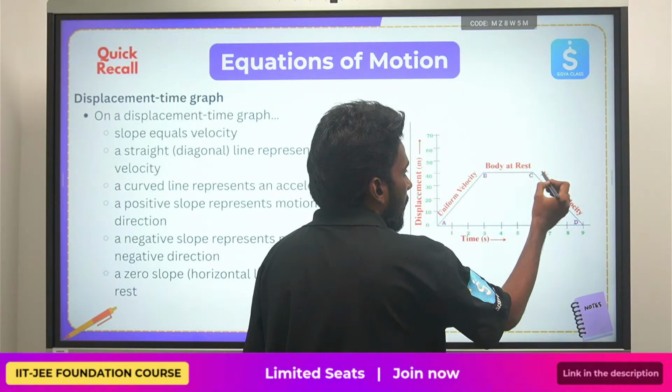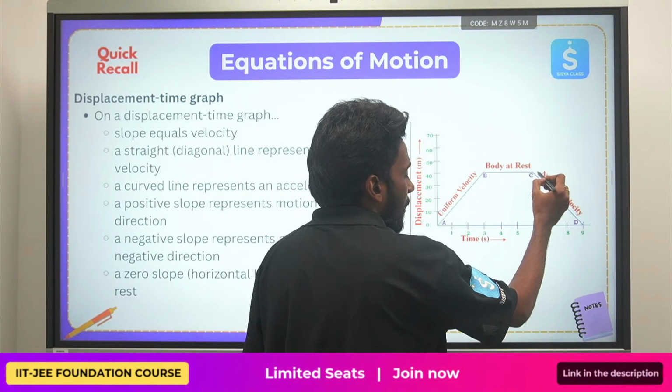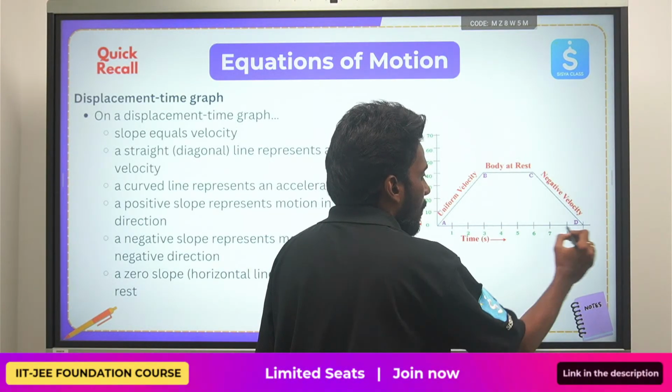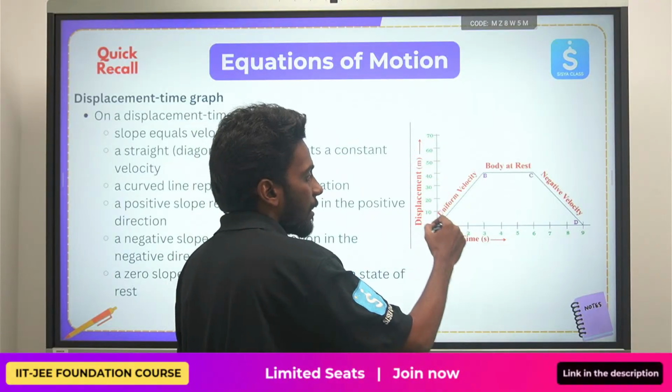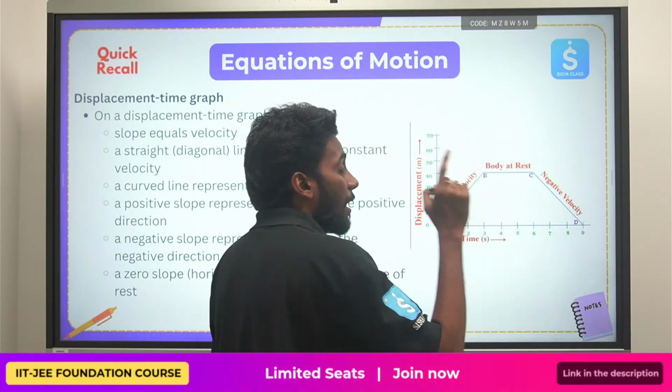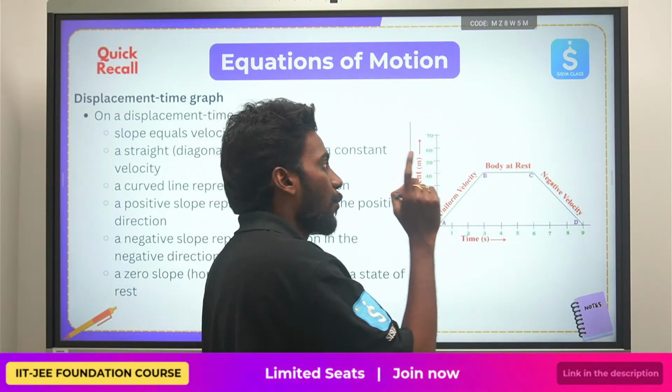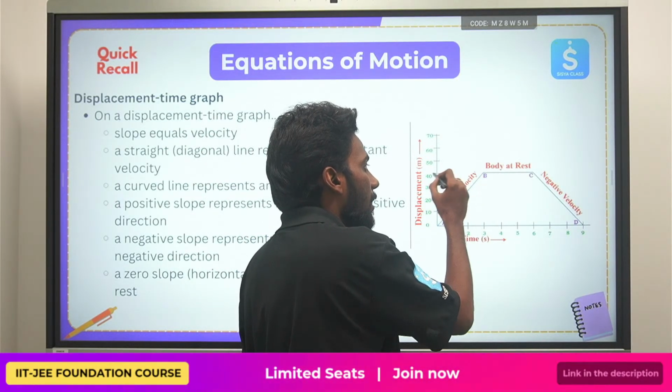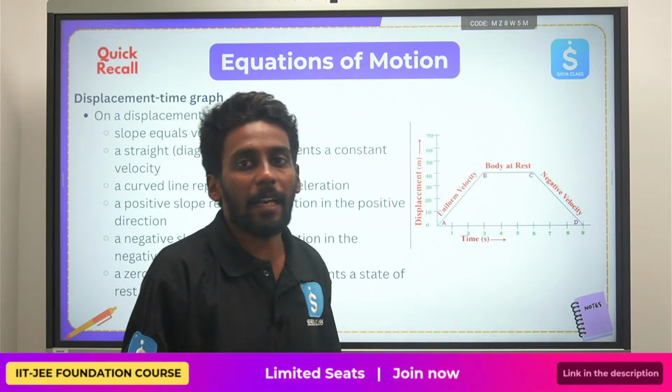If you are getting a straight line which is parallel to the x-axis in the displacement time graph, it means the position of the object is not changing with time.